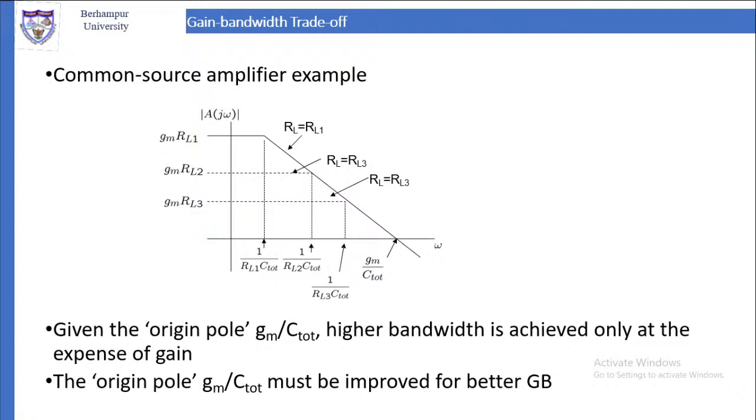On the y-axis, A is the gain. On the x-axis is the frequency, omega, the angular frequency. Gain is constant over a frequency band. So in that band of frequency, the gain remains constant.